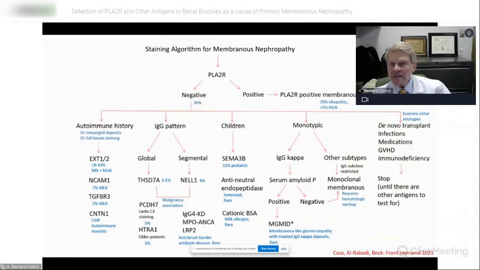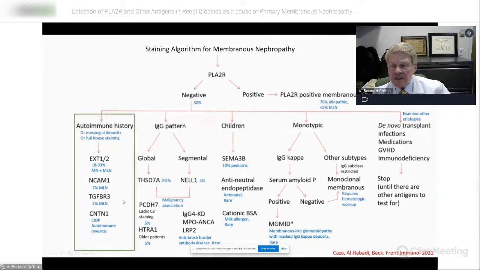So one of the things that you can use is this suggested algorithm for trying to help you decide in which direction you're going to go to identify what the antigen is.